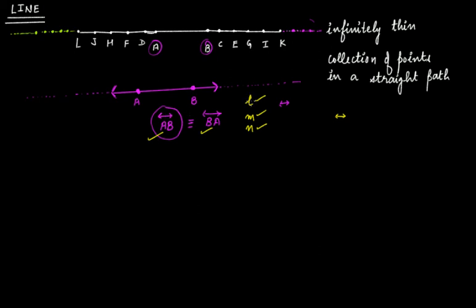Simply you will use letters, that is L, M, N, and that's what a line is. Again, a line is infinitely thin. It's a collection of points in a straight path. It will go on extending at both ends. There will be no endpoints, and to represent or denote it, you'll use this way, or simple letters like L, M, N.